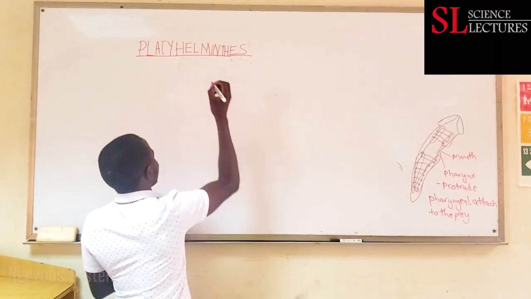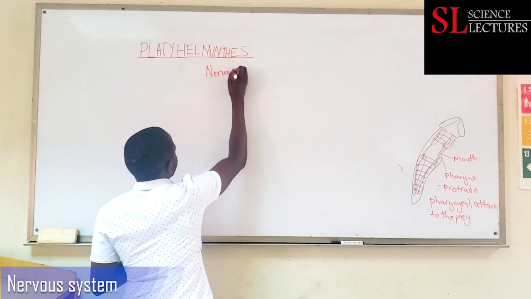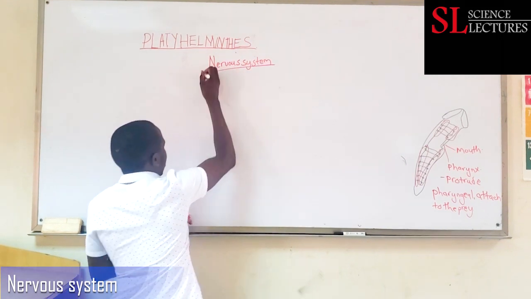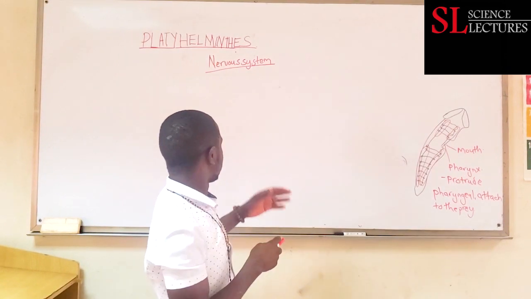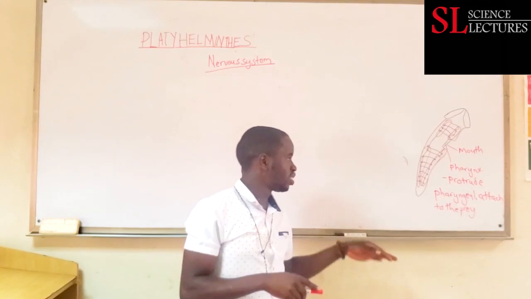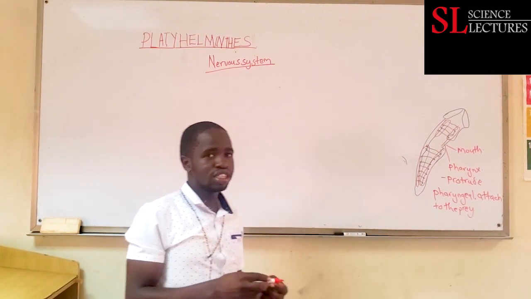Next, we are looking at the nervous system. So, earlier we said the sponges have some specialized type of cells that act as the nerve cells. Then we saw a nerve net within the cnidarians.